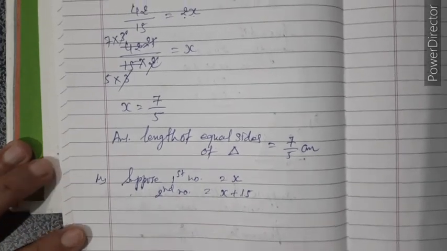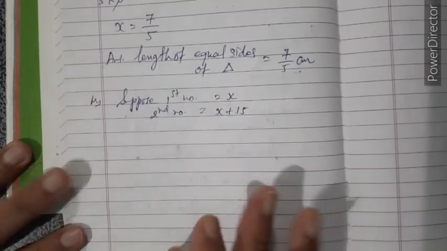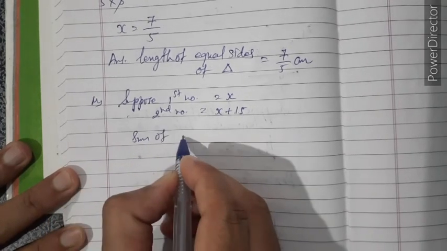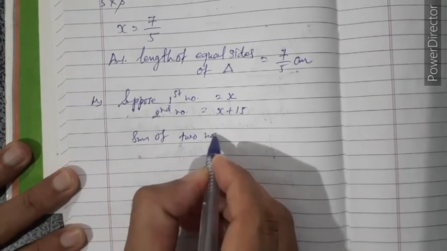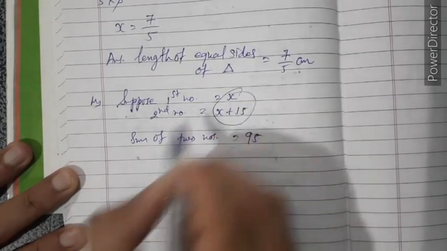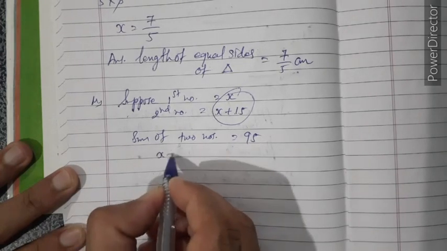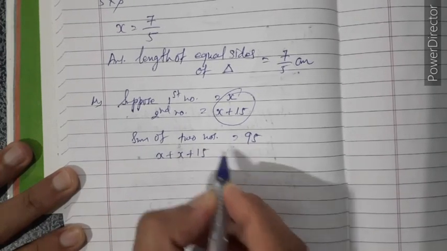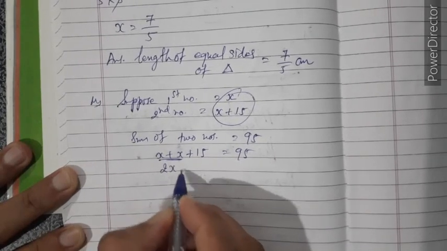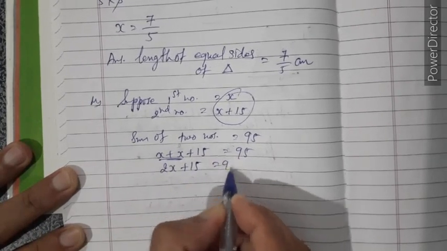X plus 15 means 15 more. Okay, 15. And the sum of the two numbers equal to 95 is given. Two numbers means these two numbers. So x plus x plus 15 equal to 95. X plus x is 2x plus 15 equal to 95.